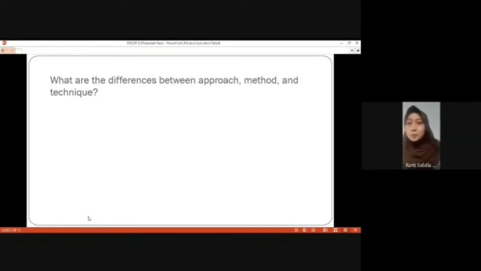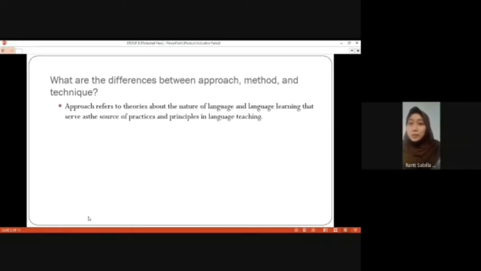Okay, I will explain what the differences are between approach, method, and technique. Approach refers to theories about the nature of language and language learning that serve as the source of practices and principles in language teaching.